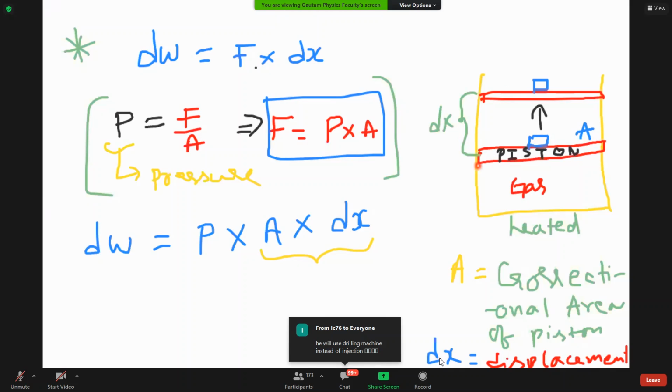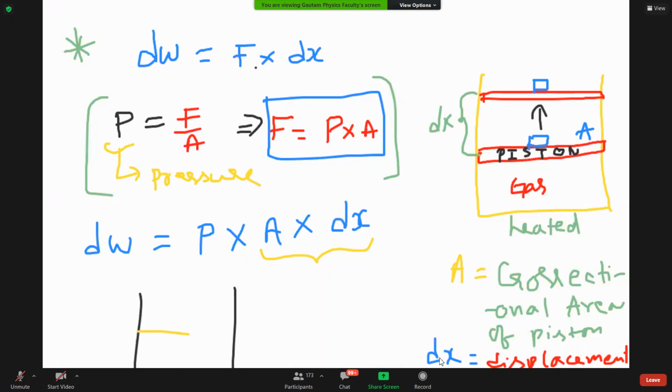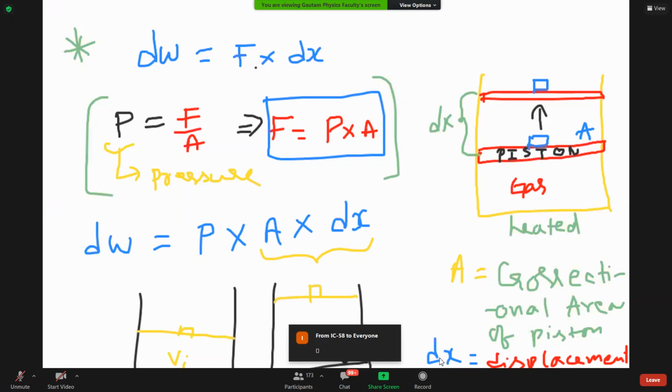So initially this is the initial volume. Please concentrate here, beta, one point I want to say. This is the initial volume. Now what happened? Because of expansion, it went up like this. So this is the final volume.